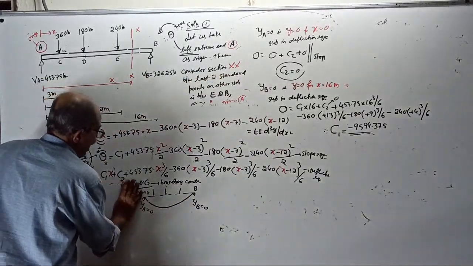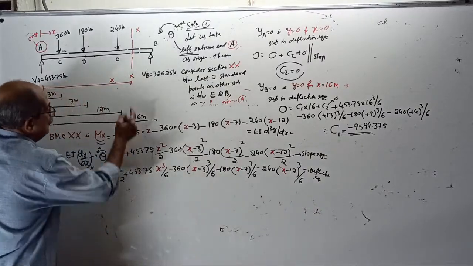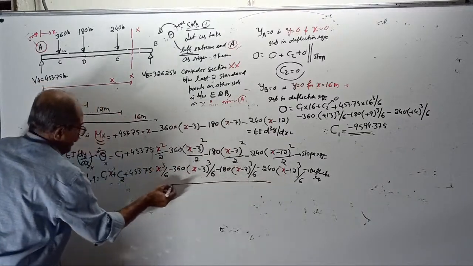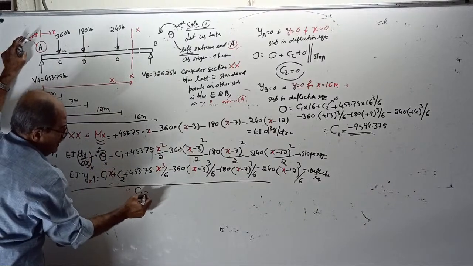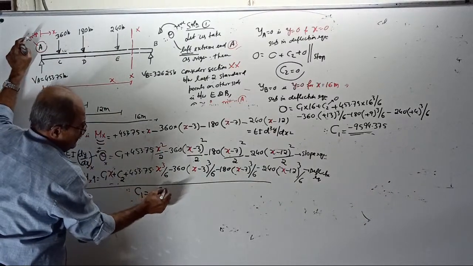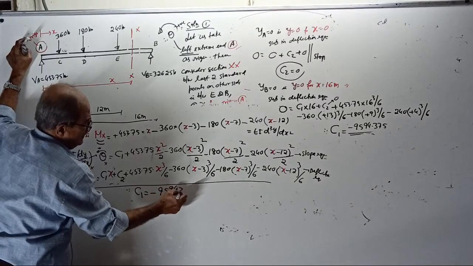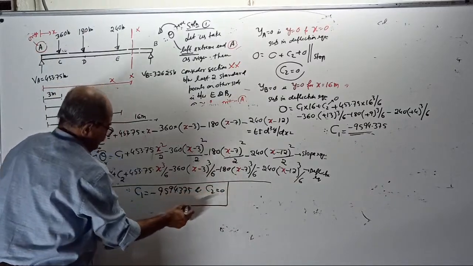Therefore, it is fully clear now. I will remove all these now. Therefore, for this, you should write there: for solution 1, your C1 equal to minus 9594.375 and your C2 equal to 0.